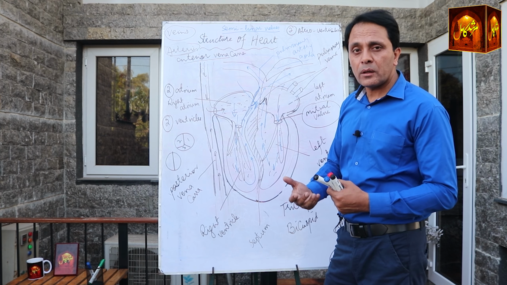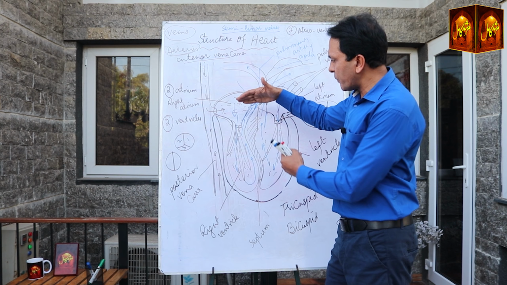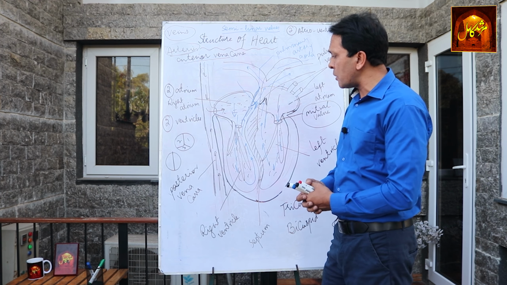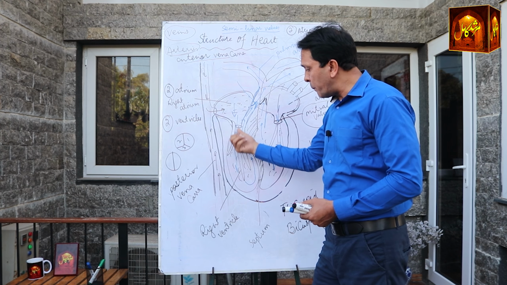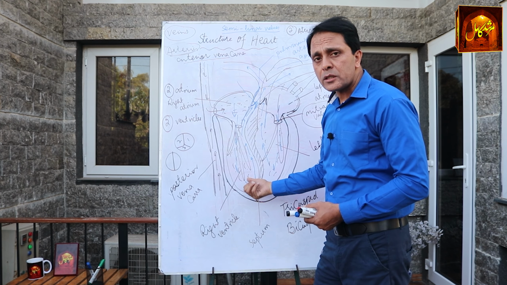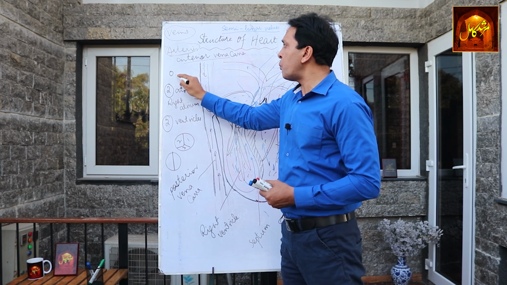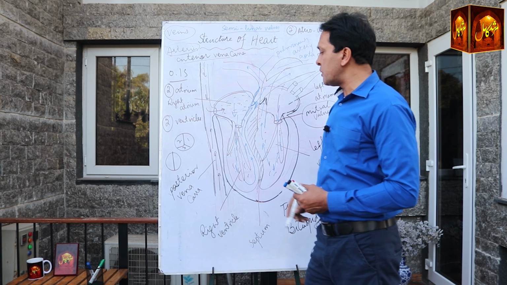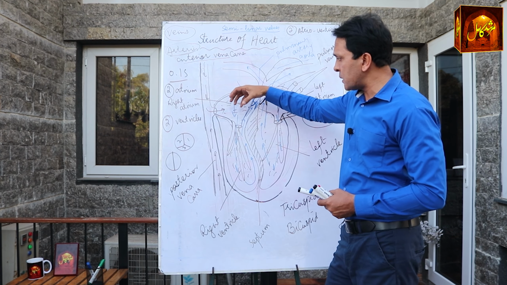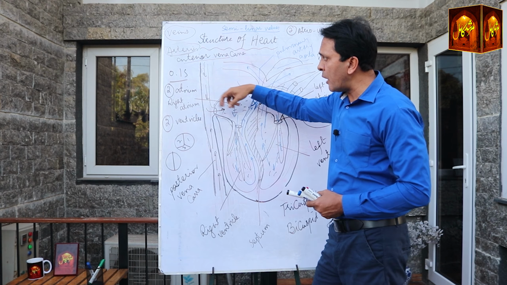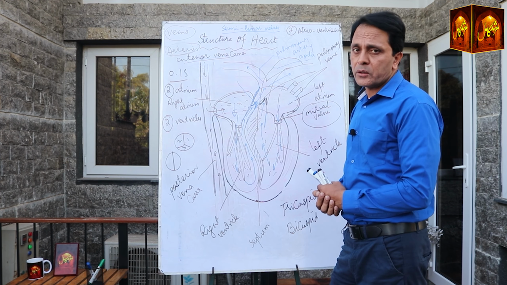Step by step they will contract. The main gap between the contraction of these chambers, when the atrium contracts, blood is pushed into the ventricles. So there is a gap of about 0.1 second between the contraction of atrium and ventricle. First the atrium contracts, and after 0.1 second our ventricle contracts.